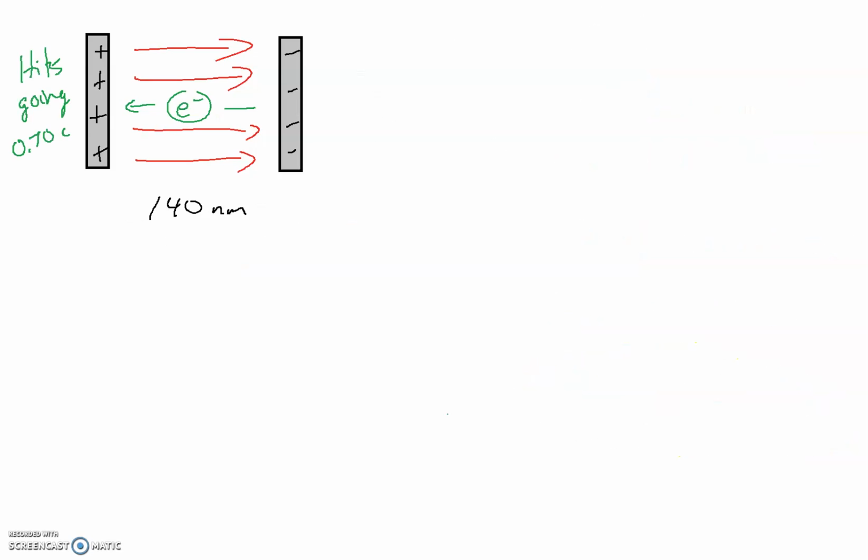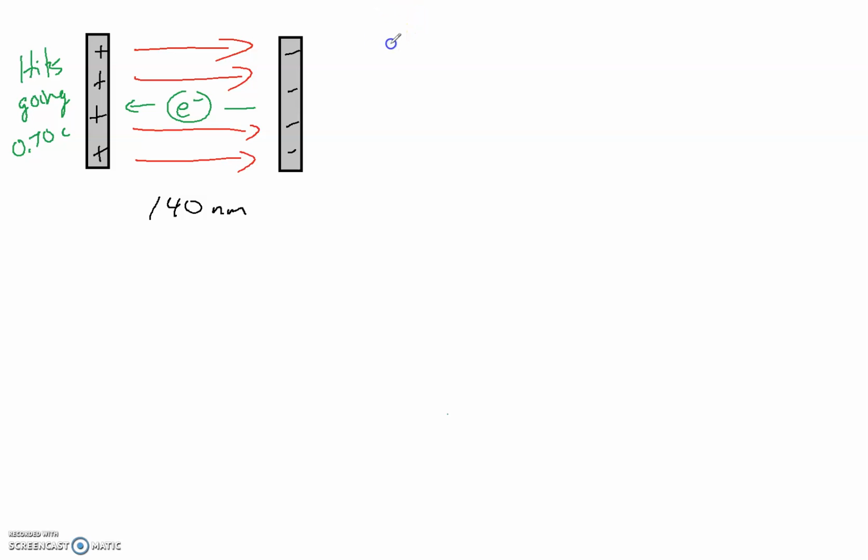Okay, so here we have another scenario. This time we're going to use an electron, and the electron goes against the field, between two plates 140 nanometers apart, and it hits going 0.70 c. A lot of these particles go so fast that it's really common to compare their speed to the speed of light, which is what the little c means.